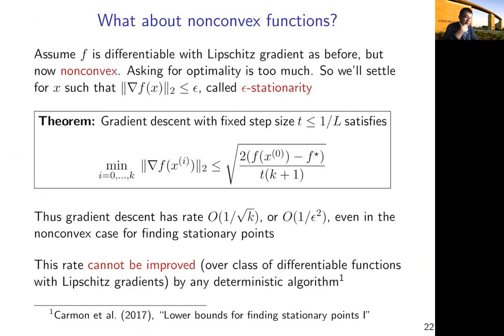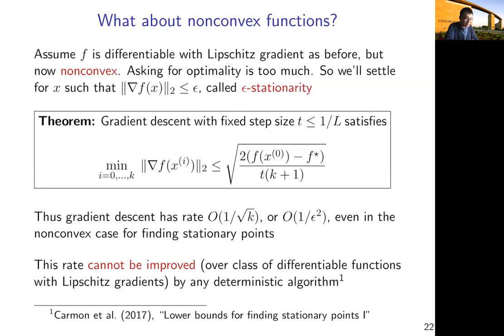But for non-convex functions, we cannot really talk about convergence to the global optimal solution, or competing against f star, the optimal objective function value. Instead, one way to talk about the extent to which gradient descent has converged in a non-convex optimization problem is to talk about the first order condition of optimality.